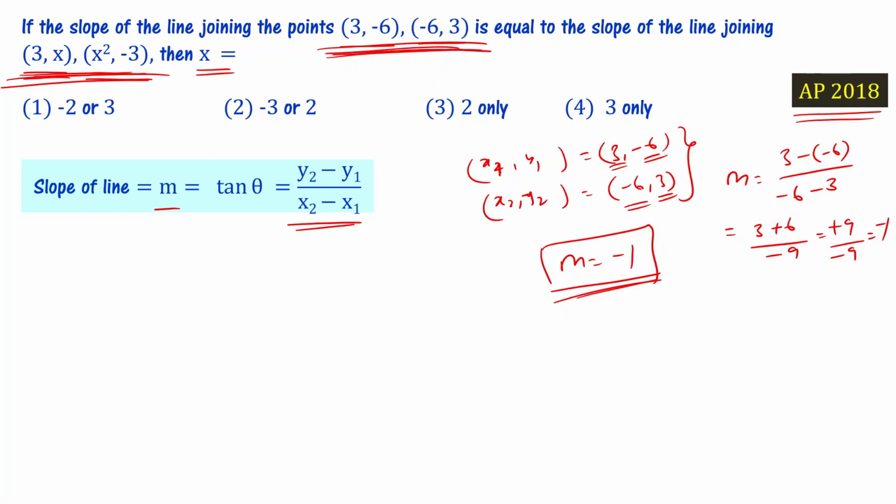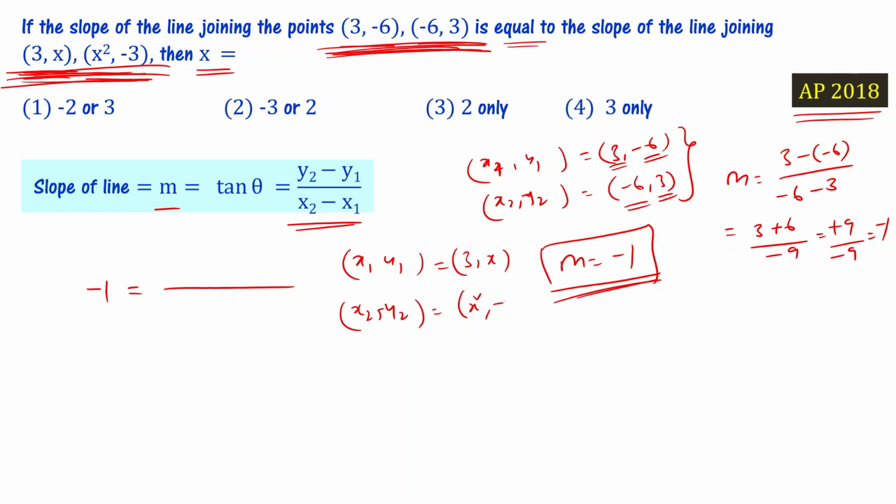Slope of the line joining these 2 points is equal to slope of the line joining these 2 points, right? Now let me say that m equal to minus 1, that is equal to y2 minus y1 divided by x2 minus x1, right? So x1 comma y1 for this set, let me take it as 3 comma x. x2 comma y2 is x square comma minus 3.